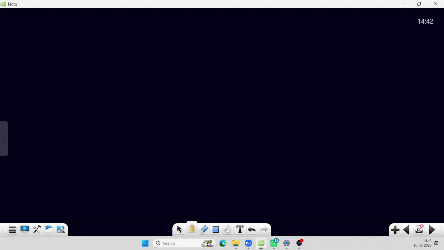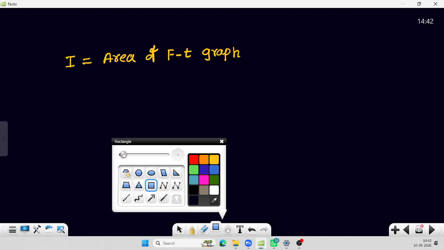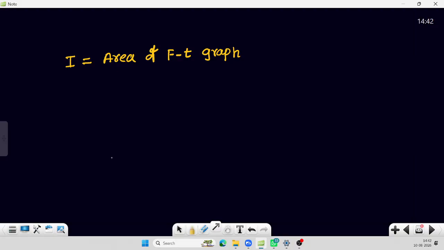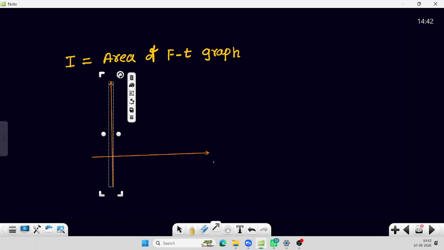Impulse is equal to the area of the force-time graph, the F-t graph.